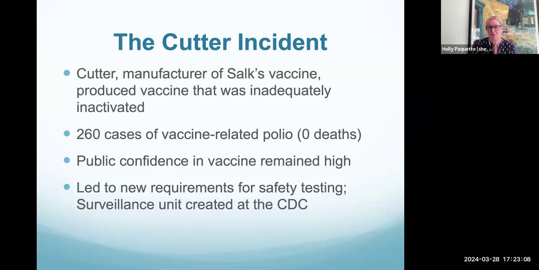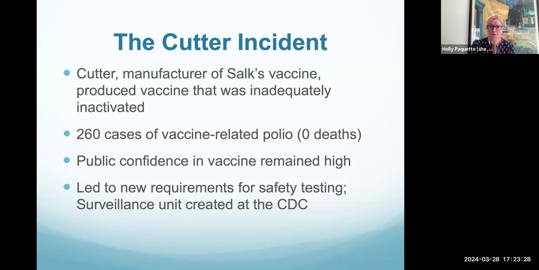And at the time, the public confidence for the vaccine stayed high, which is interesting when you think about the times we live in now. And a lot of it had to do with the fact that many people saw the effects of a polio infection, and they wanted to take that chance of having a vaccine that would protect them rather than getting the disease.